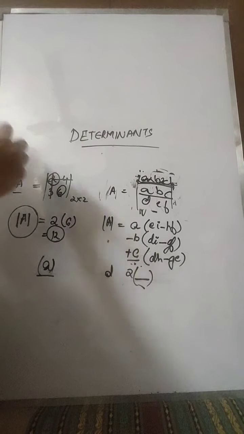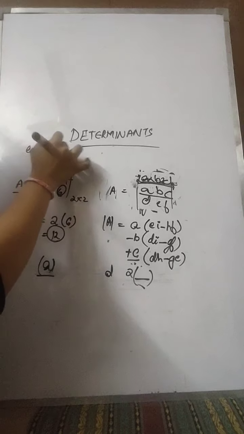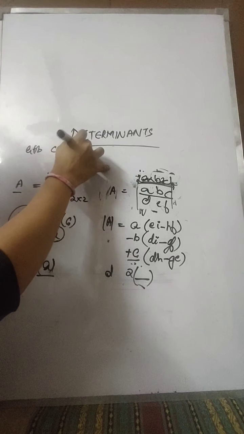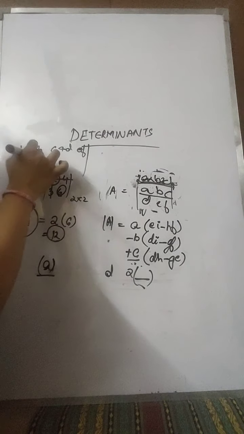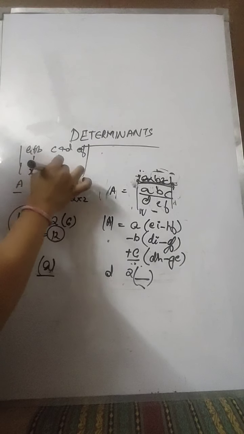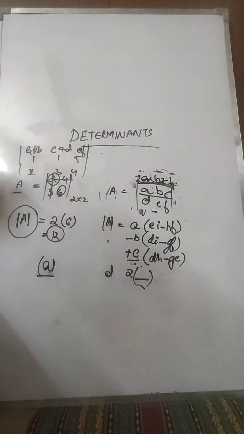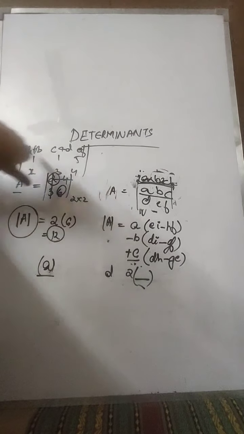Then we have two more properties. For example, I am given A plus B, C plus D and E plus F in the first column, and then 1, 1, 1, 2, 3, 4, 5. Like this I am given a determinant and the upper values are a sum of two values.